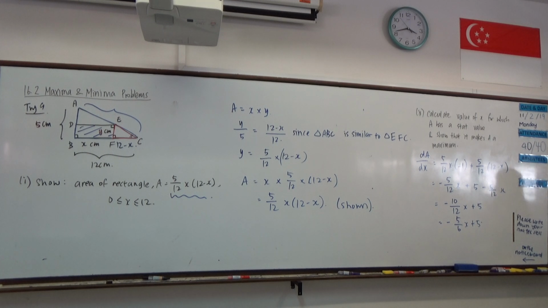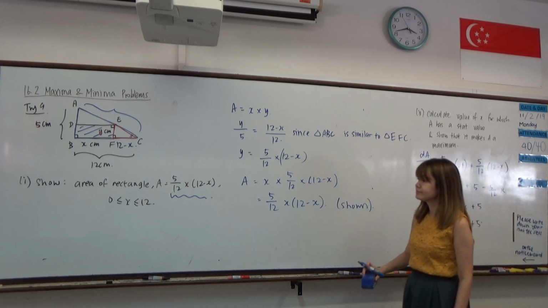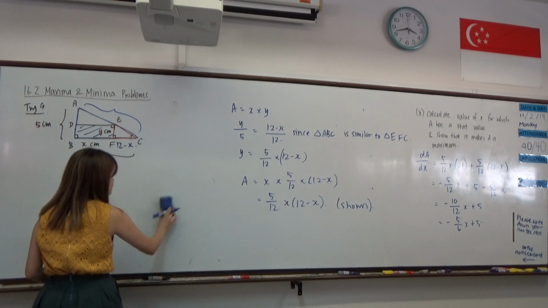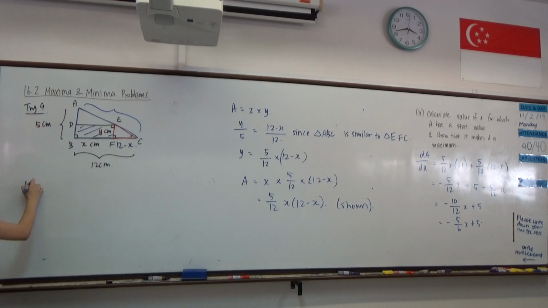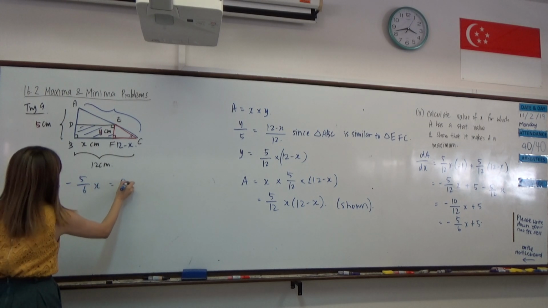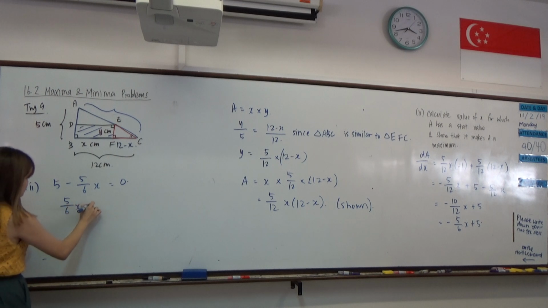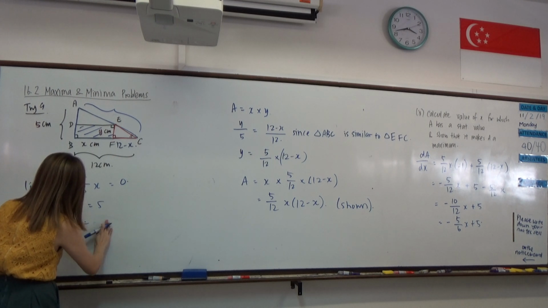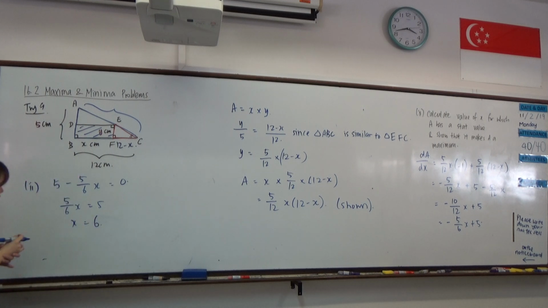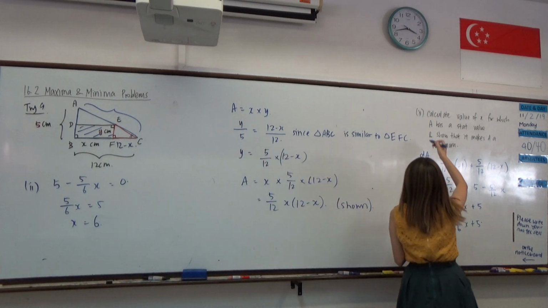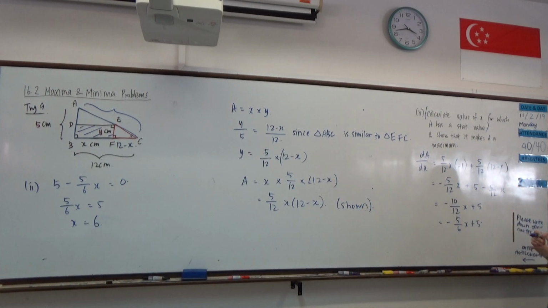So upon differentiating, then what do we do next? Right here. So 5 minus 5/6 x equals 0. So x is equal to 6. Okay, so we have satisfied the first part of the question, finding the value of x for which A has a stationary value.